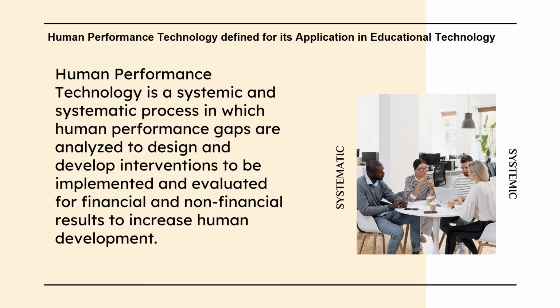When we look at the systematic approach, HPT practitioners can follow a process to identify the performance gap to help provide changes in performance to achieve the desired performance goal.